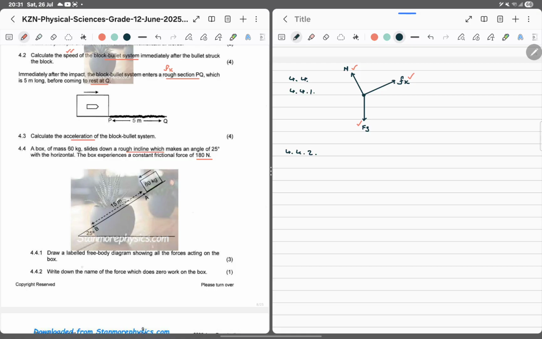Now the question says, write down the name of the force which does zero work on the box. So we know it's all perpendicular forces to the surface on which an object is moving or is supposed to move. They don't do any work. So this is going to be the normal force.